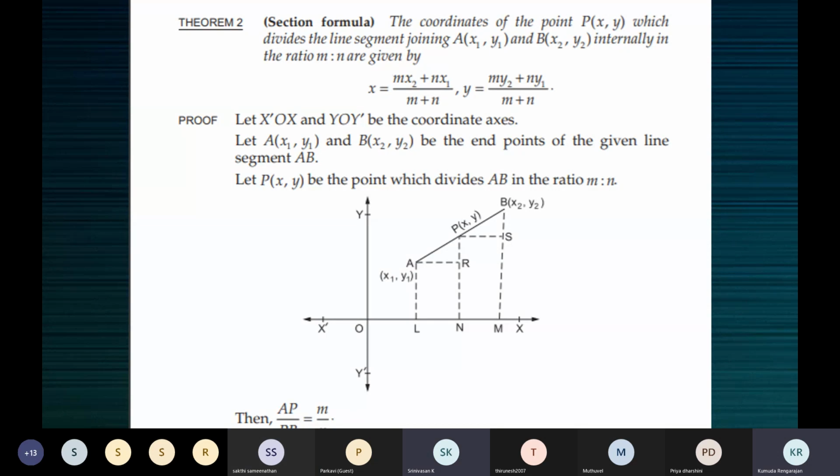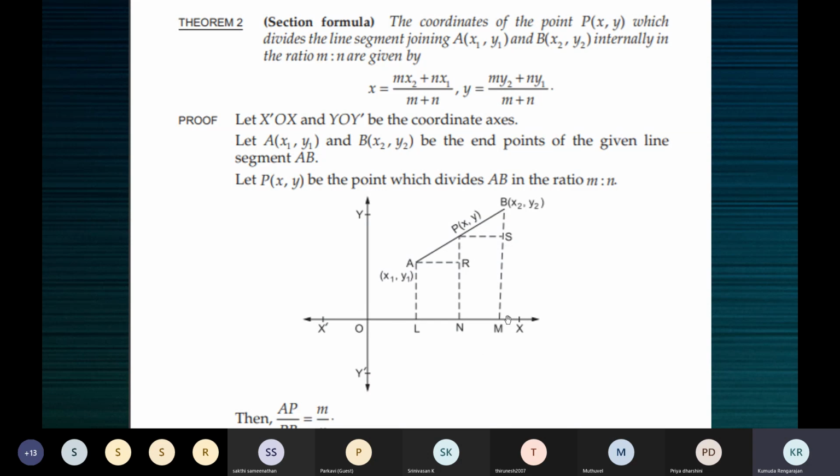OM minus ON, ma'am. OM minus ON. Always start from the origin because these lengths are from the origin. OM minus ON will be NM or PS.